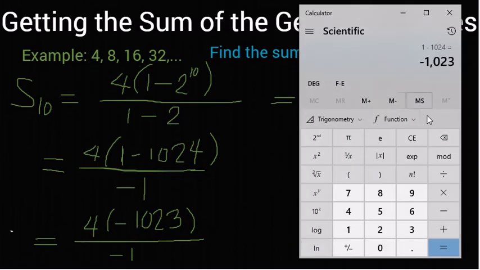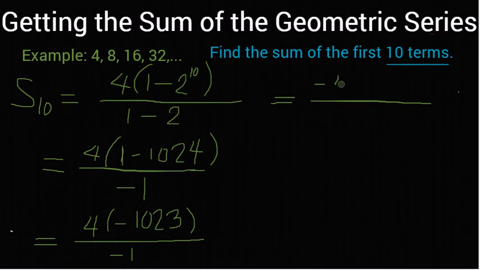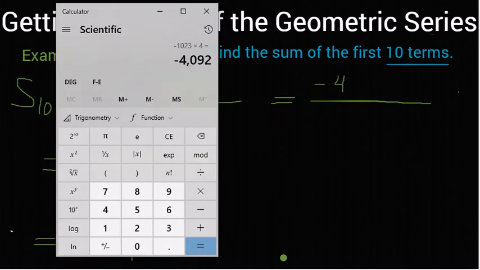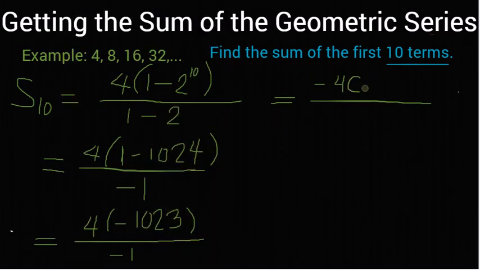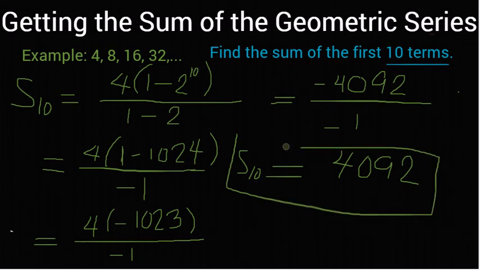If we multiply it by 4, that would be negative 4092, divided by negative 1. Negative divided by negative is positive. Therefore, 4092 is the sum of the first 10 terms. So this is now our answer.